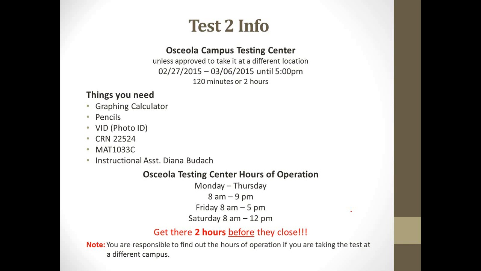The test will be open from February 27 to March 6. The last you can take it is 5 p.m., which means you are allotted 2 hours. You should be there 2 hours before 5, so the testing center will allow you to take the test, which means 3 p.m. is the latest that you will have to arrive at the testing center if you're waiting until March 6, which is a Friday.